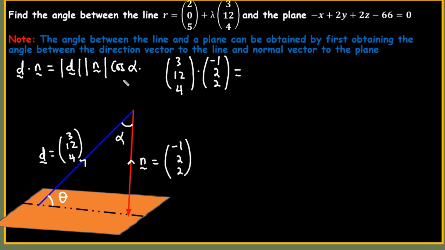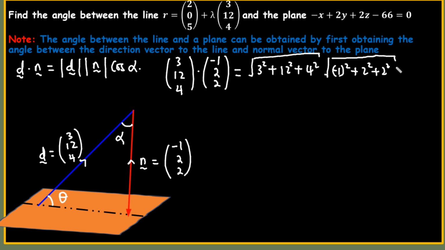Everything is equal to, now the absolute value of D is the same as the square root of 3 squared plus 12 squared plus 4 squared, times the square root of -1 squared plus 2 squared plus 2 squared, then cos of alpha.